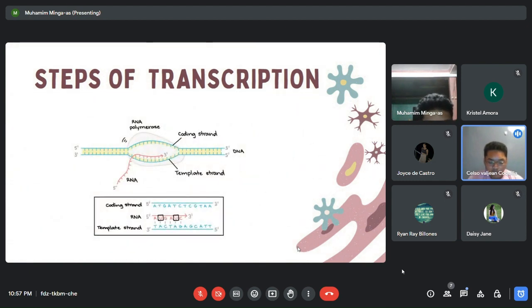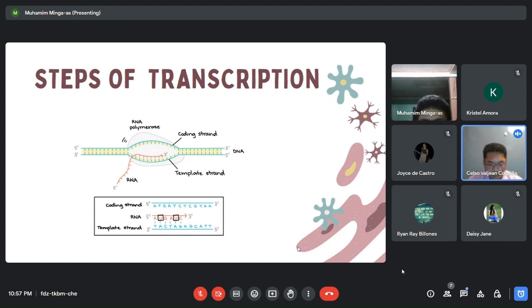So in the figure, the template strand acts as the template for RNA polymerase. The RNA polymerase reads the template one base at a time, which means pairing the adenine to thymine and uracil to adenine.